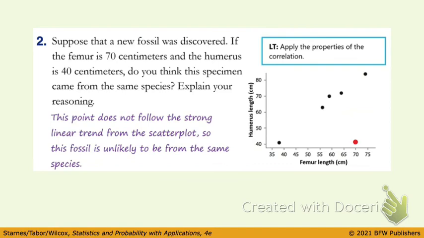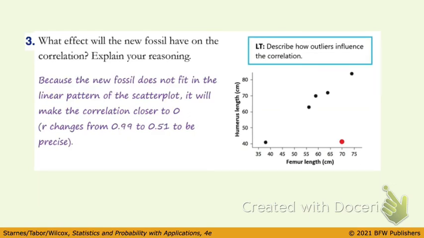Awesome. And the last question, what effect will this new fossil have on the correlation? Is the correlation going to get closer to 1 and stronger, or is it going to get closer to 0 and weaker? Because this new fossil does not fit in the linear pattern, it will make the correlation closer to 0. Wow, look at that. It goes from 0.99 to 0.51.